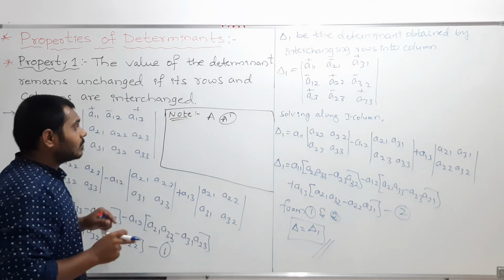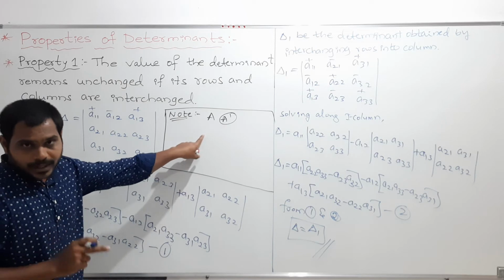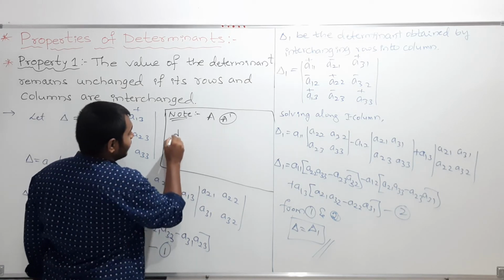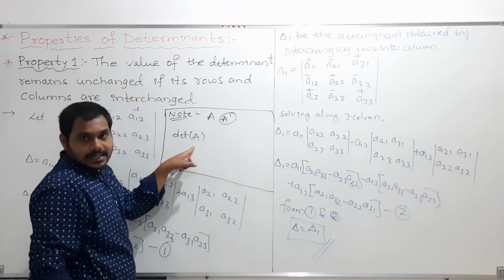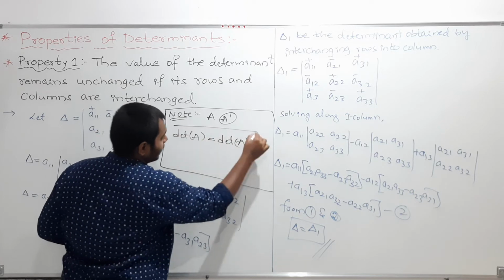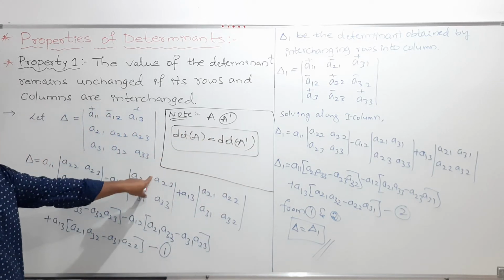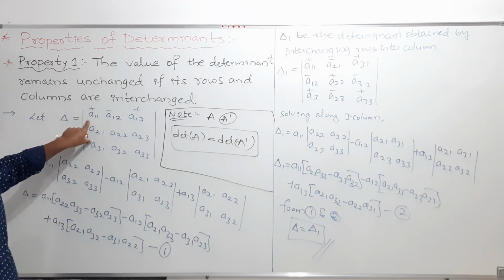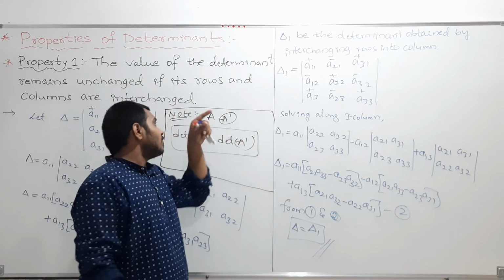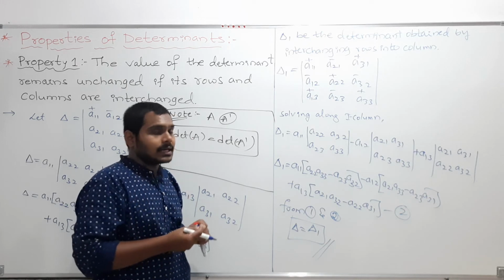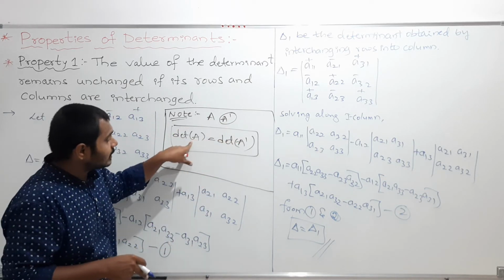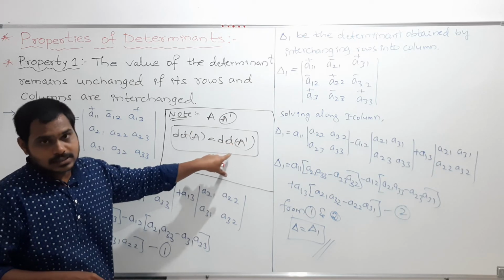So the note is, if A is any square matrix, and A transpose is its transpose, then the determinant of A is equal to the determinant of A transpose.